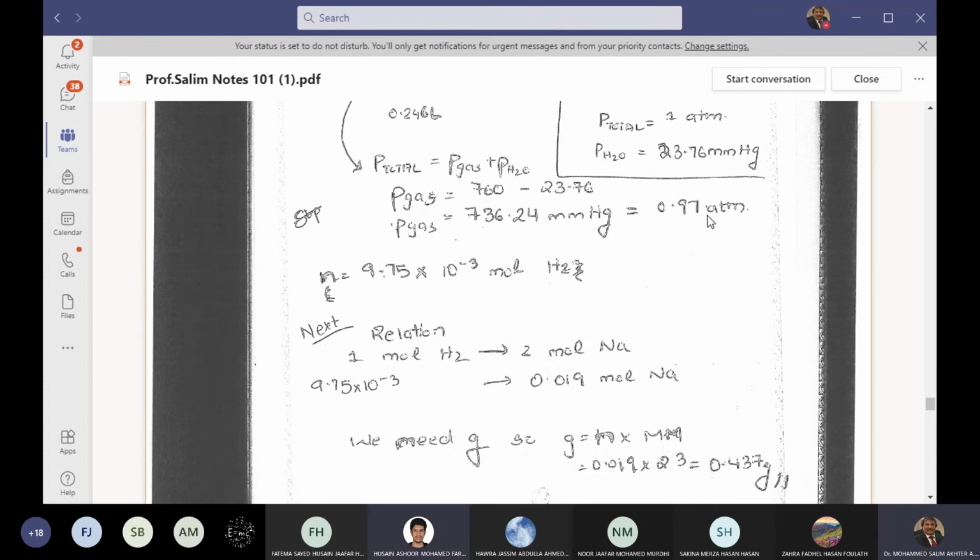Why don't we convert the millimeter mercury to ATM? Oh, you want to convert this into ATM and do 1 minus this? Sure, no problem, we can use it the same way. The only thing is I'm not converting this one into ATM because it is a very small number, so you will have 0.00 something, and then 23.76.